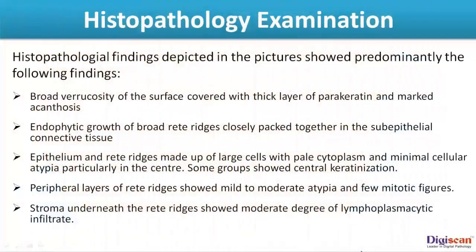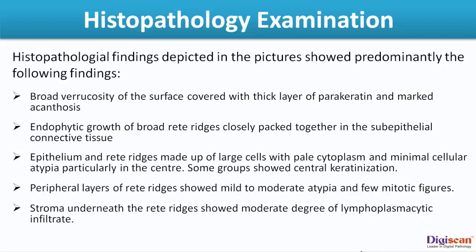On histopathological examination, the findings depicted in the pictures showed predominantly the following. There was broad verrucosity of the surface covered with a thick layer of parakeratin and marked acanthosis. Endophytic growth of broad rete ridges closely packed together in the subepithelial connective tissue.